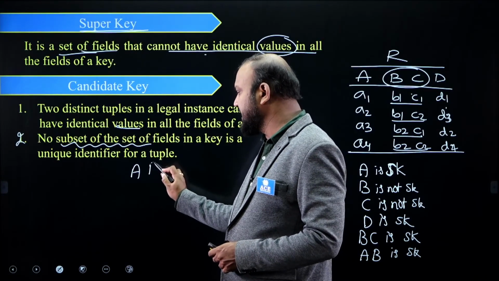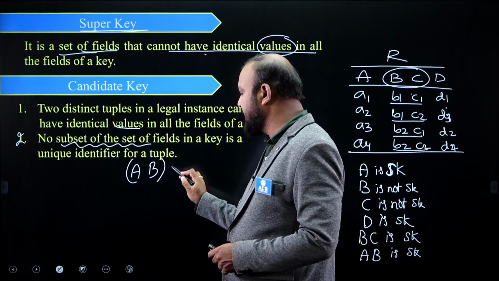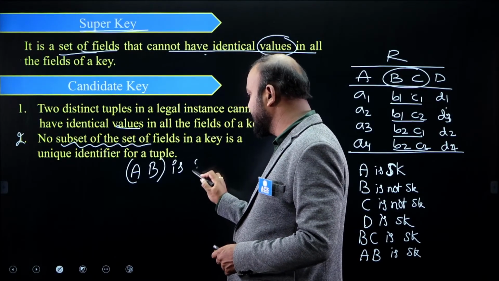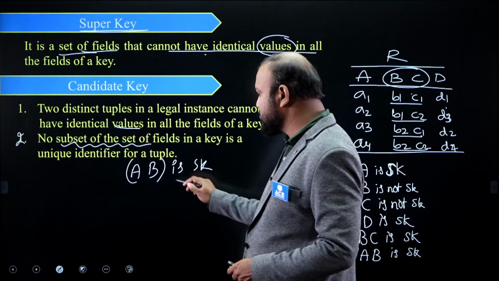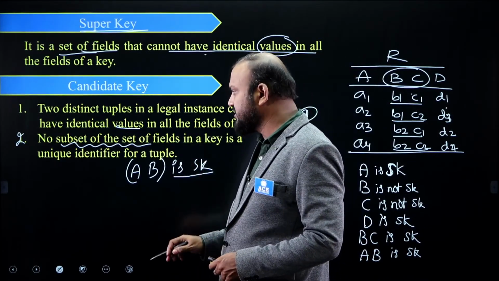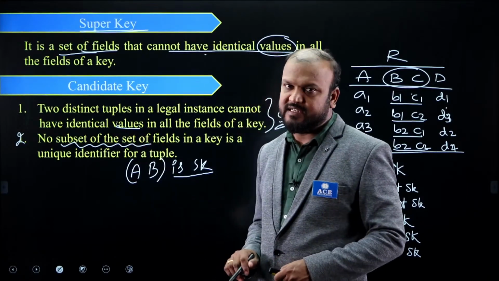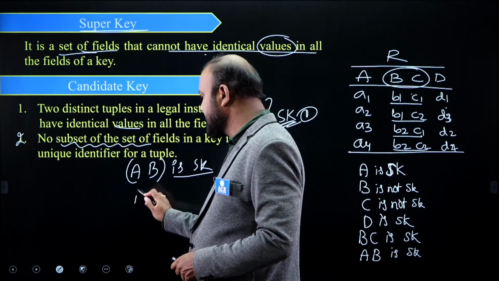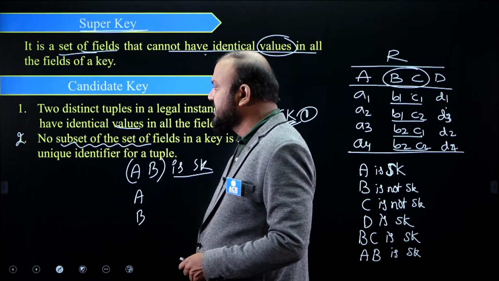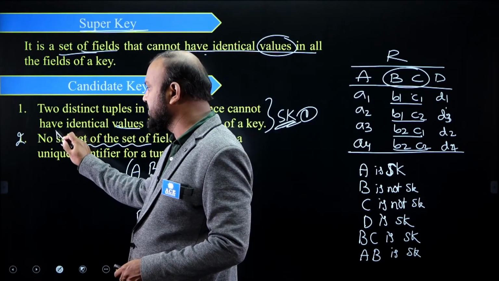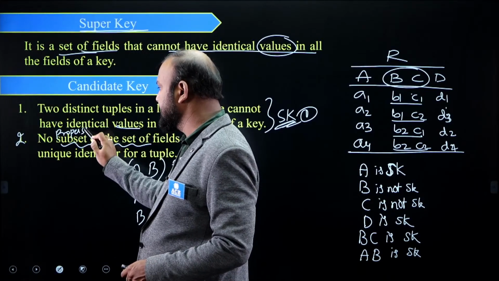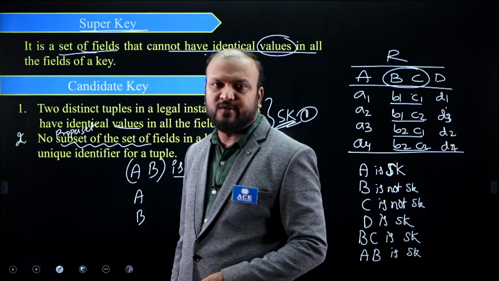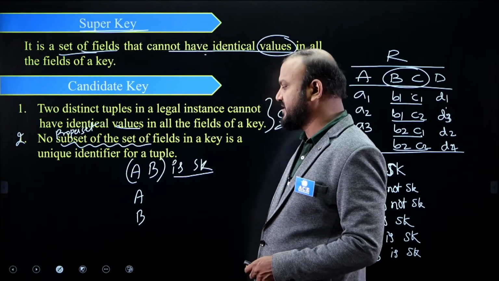Suppose I am taking AB, assuming AB is a super key, so the first condition is satisfied. What is the second condition? No subset of the set of fields. What are the subsets? A and B. Instead of just saying subset, we can say proper subset, because any set is a subset of itself.